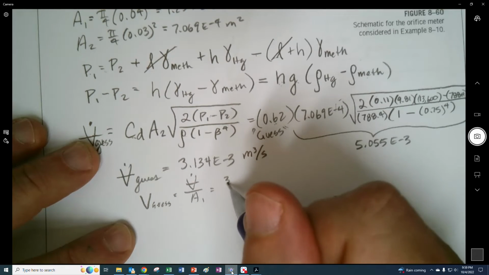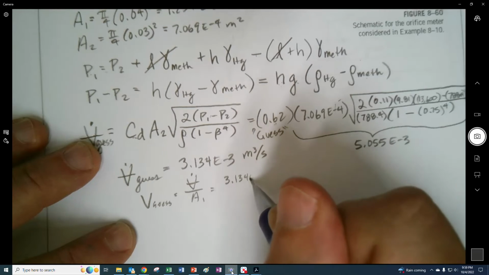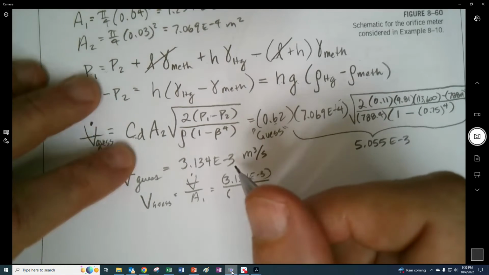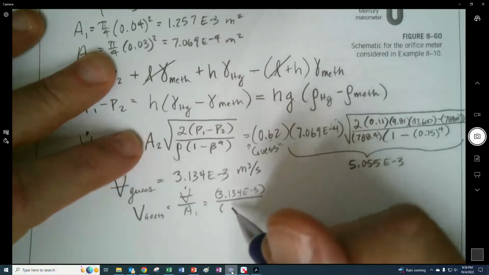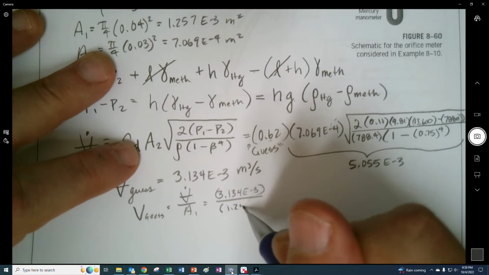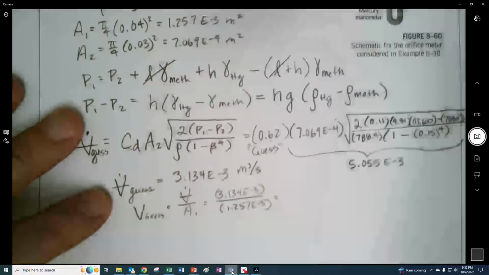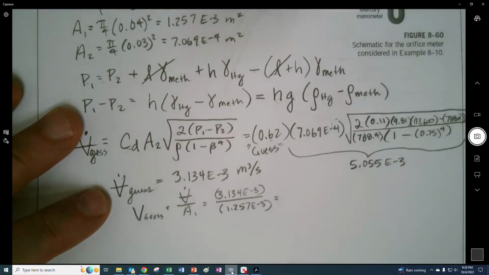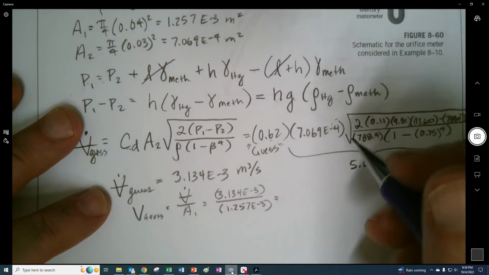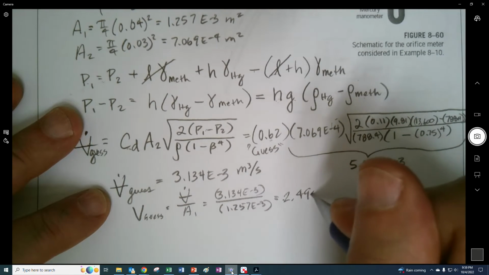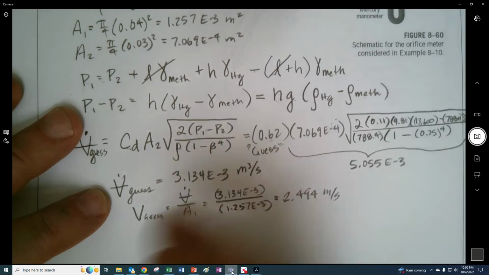So I got 3.134 E minus 3, and we're dividing it by that area that we got up at the top, right? So I told you why I was getting those right at the beginning. And we're left with 2.494 meters per second.